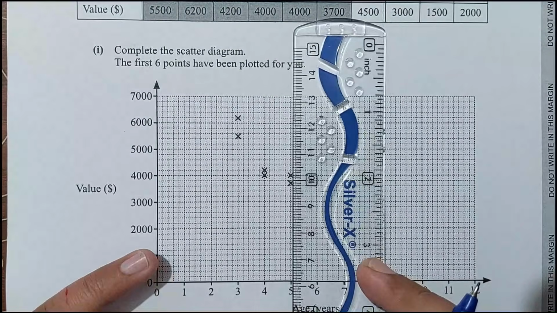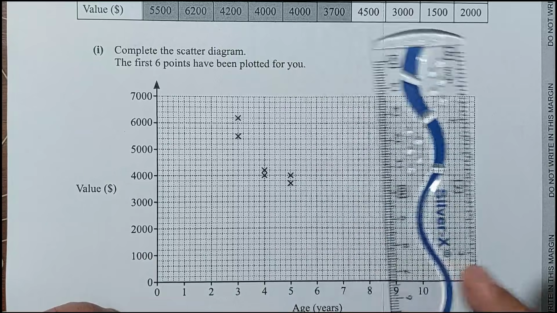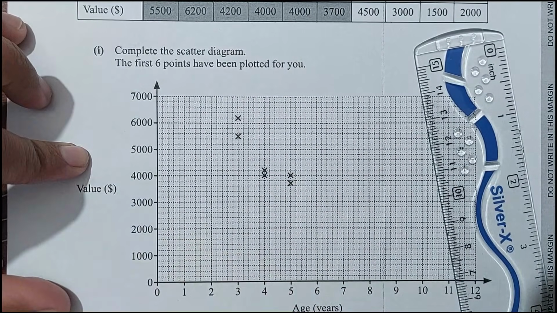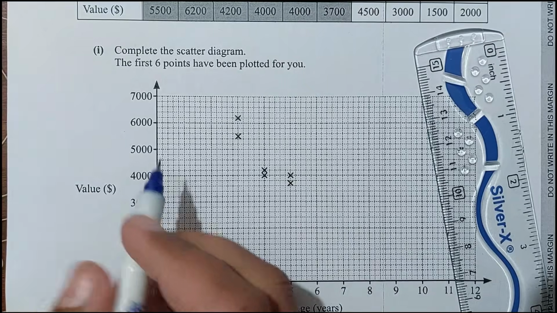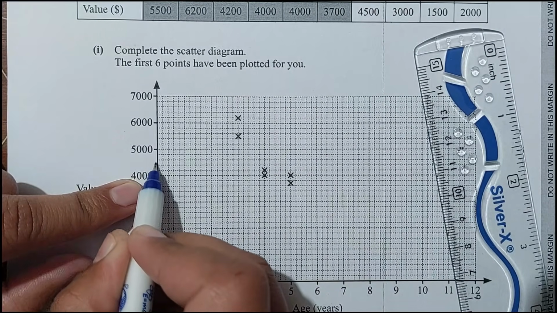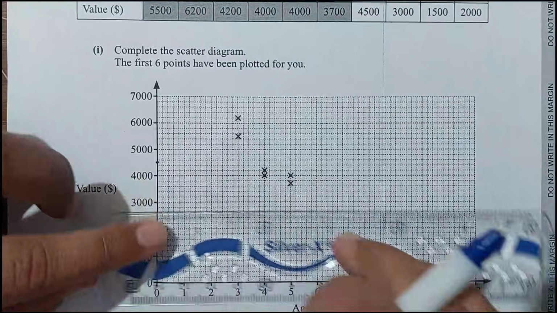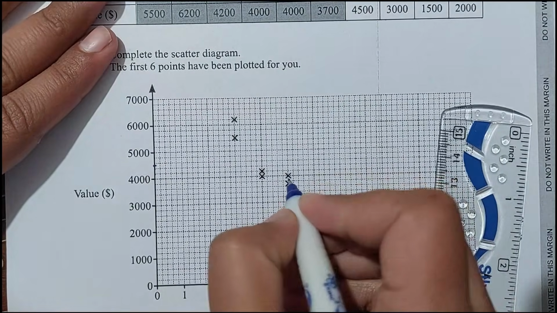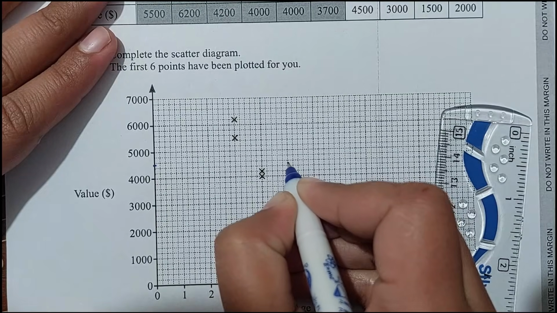This is the 5 years, right? This is 4,000 and 5,000. So this is 4,000, this is 4,200, 4,400, and 4,500 is this point, corresponding to 5, in the middle.